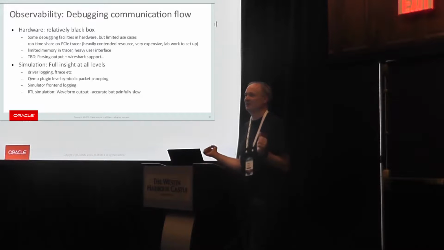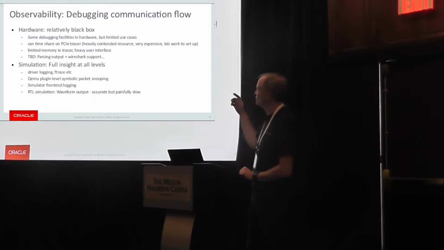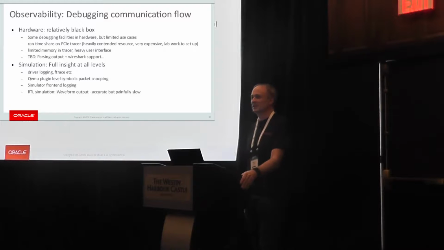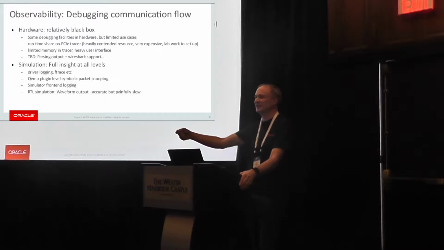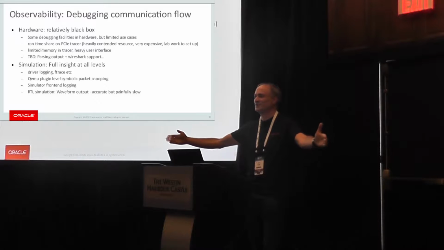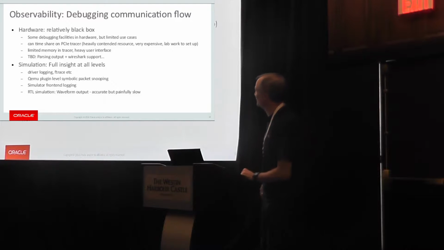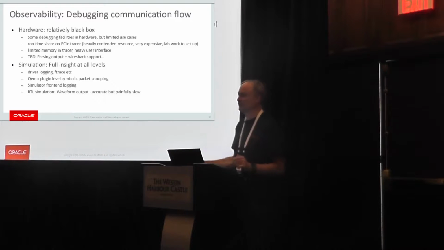The few times now that we actually have to debug things on hardware, if we are not able to reproduce it in software, we have to use a tracer, which has a very old-fashioned, low-level interface. It takes a lot of time to sift through. If we are able to trigger the right scenario before the trace buffers fill up, it's really difficult to find where it is, and it takes a lot of time even to set up the scenario.